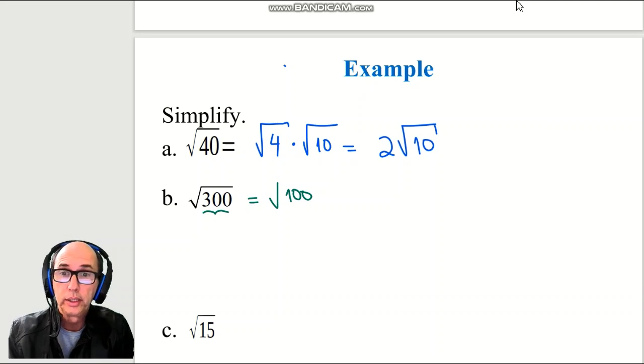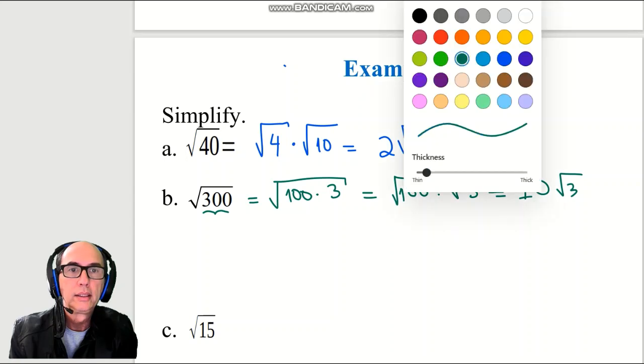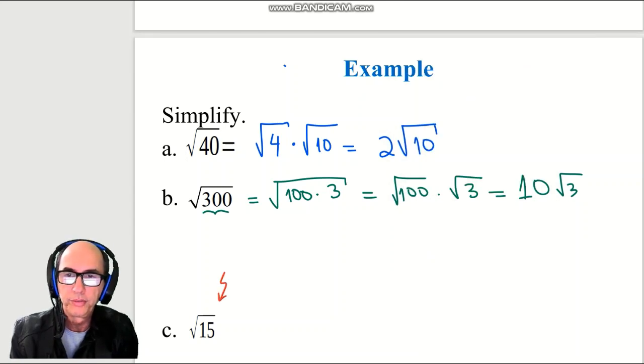Like 100 is a perfect square, times 3. Square root of 100 times the square root of 3, and we know the square root of 100 is 10, so 10 square root of 3. Okay.